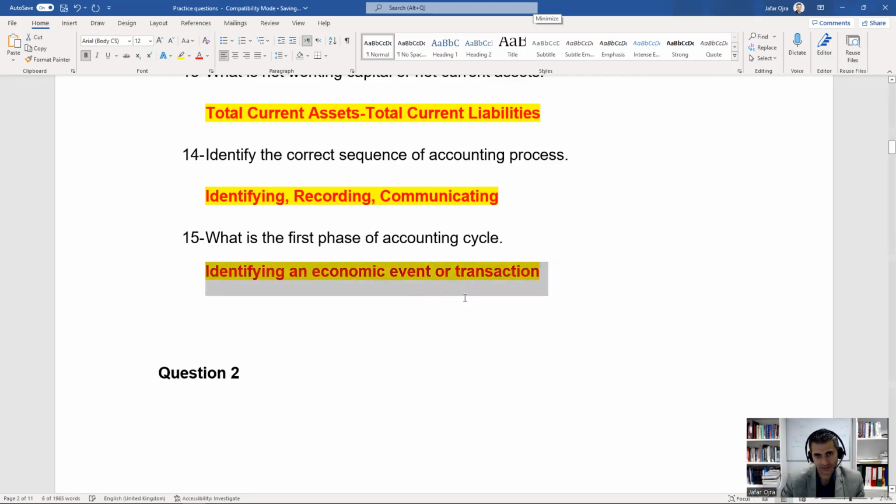Okay, excellent. As I mentioned, we did mention the sequence of the accounting process in terms of identifying, recording, communicating. If you want to be specific, guys, identifying is identifying an economic event or transaction. Okay, guys, make sense? Okay, here we go.